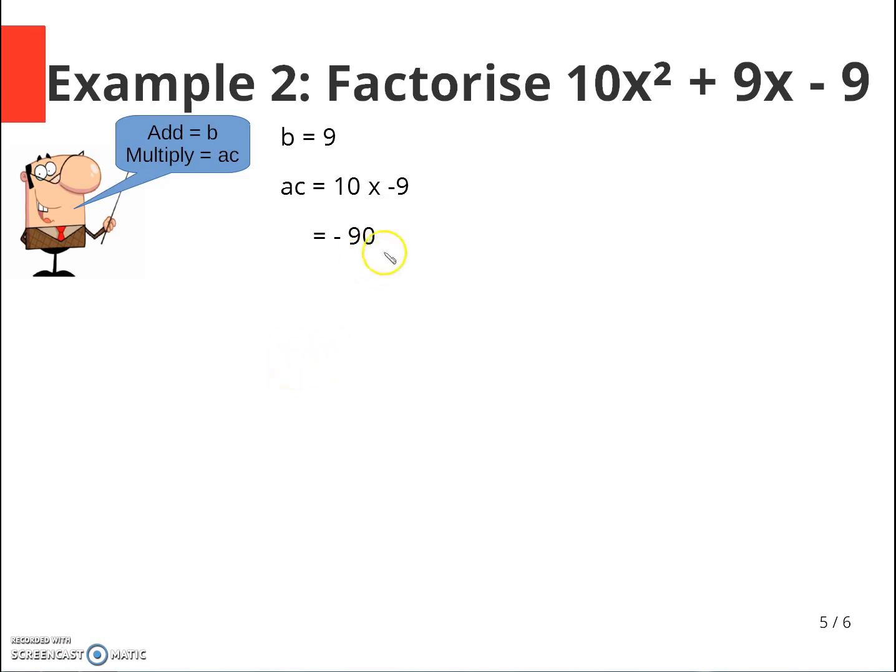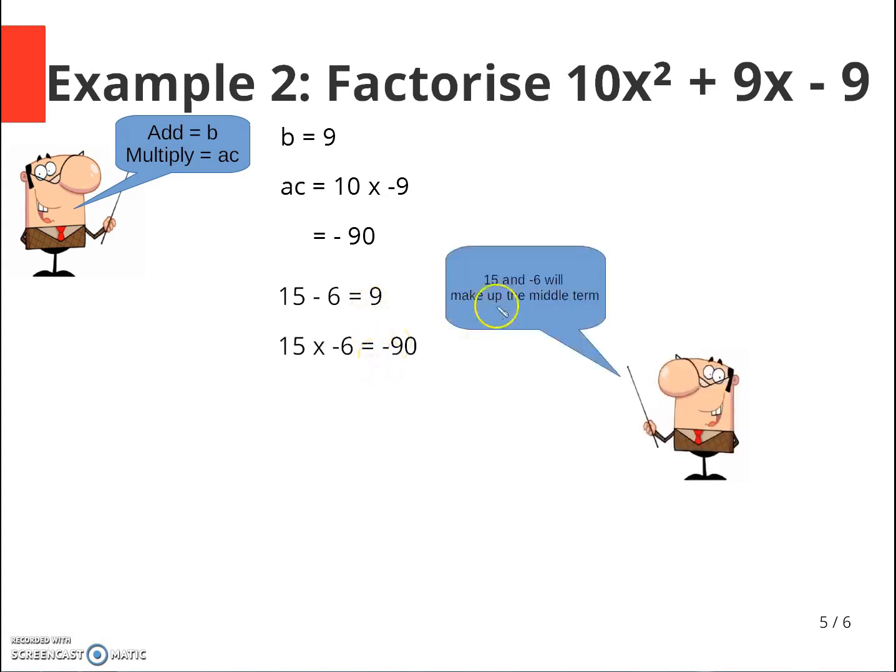Welcome back. Hopefully you figured out what two numbers we are talking about. These two numbers are 15 and negative 6, because 15 take away 6 equals 9, and 15 times negative 6 gives us negative 90. 15 and negative 6 will now make up the middle term instead of plus 9x.